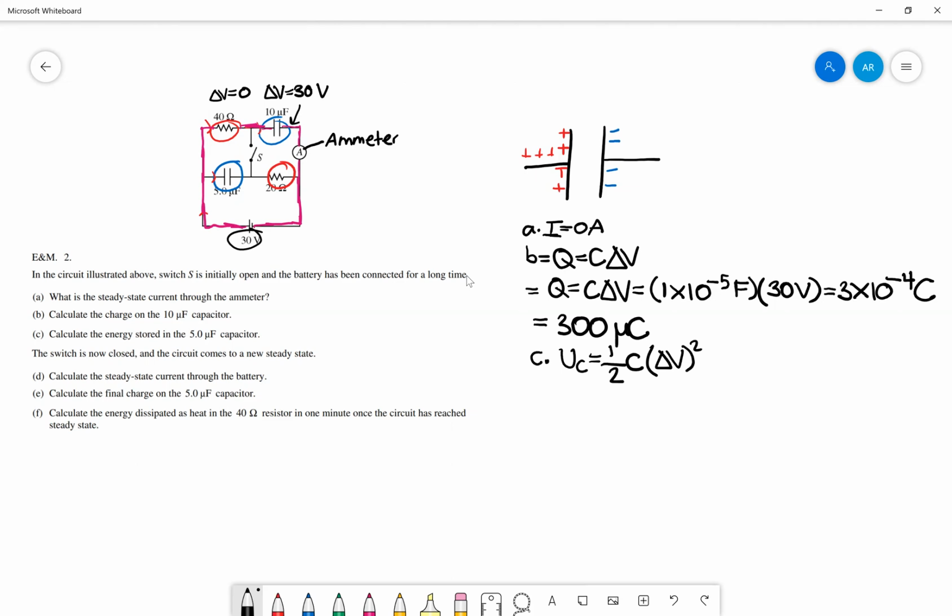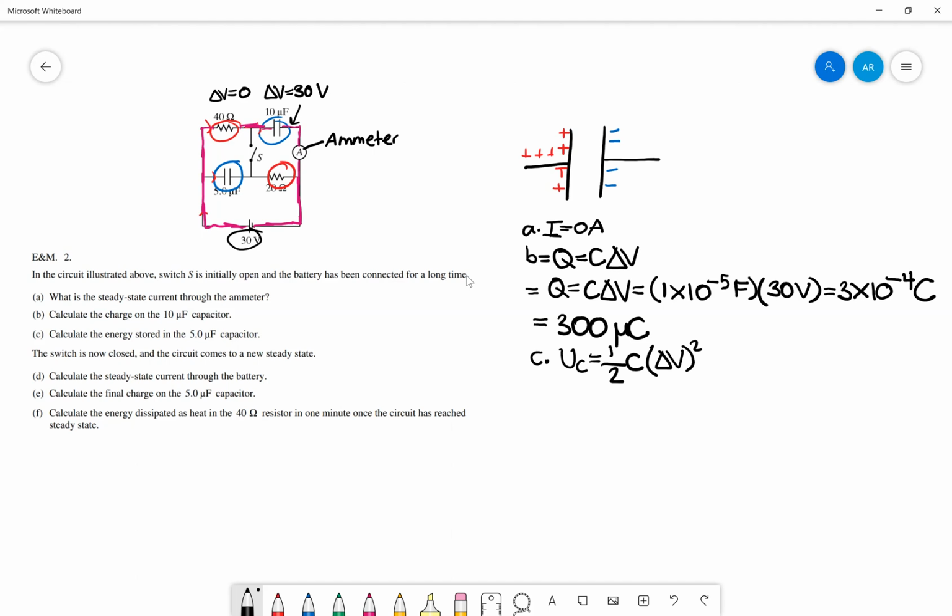Now, if you remember from part B, we're going to use the exact same concept, and that is the idea of the loop rule. Some people call it Kirchhoff's loop rule after the person who studied these circuit rules.